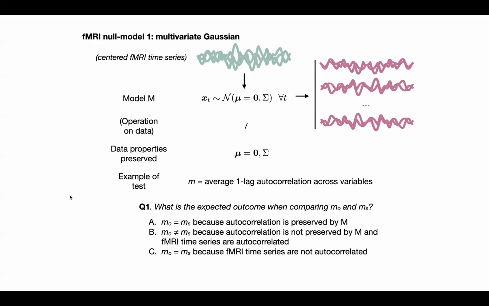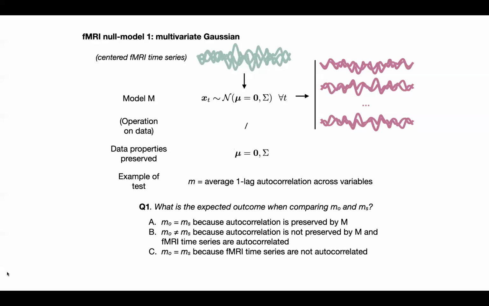And here, well, let's have a first quick question where we want to know what we expect when we compare M0 and MS in the case of fMRI time series. So we compare average one-lag autocorrelation in original fMRI time series and in surrogate that are generated by this model. What do we expect?